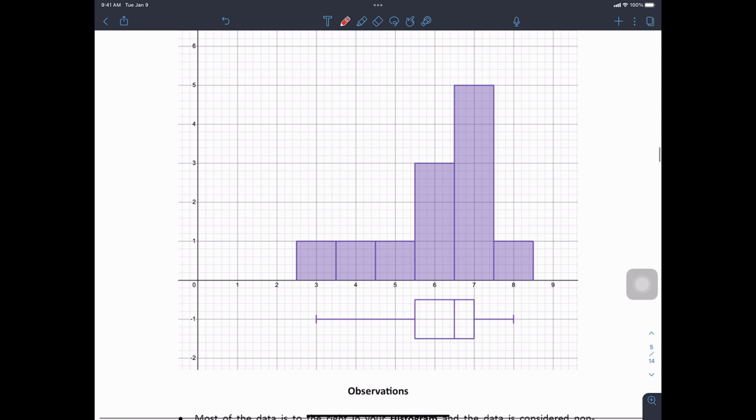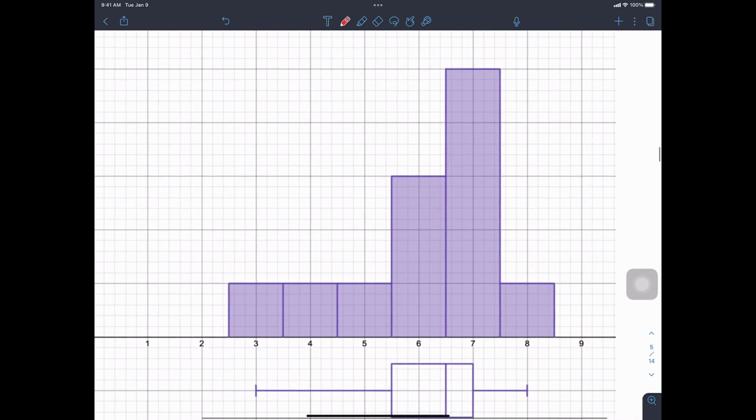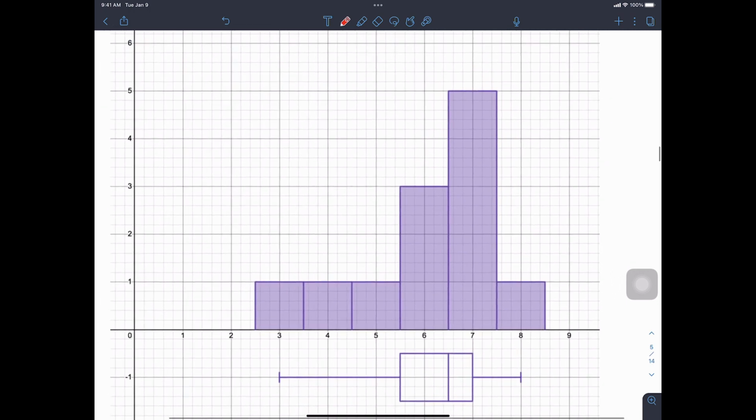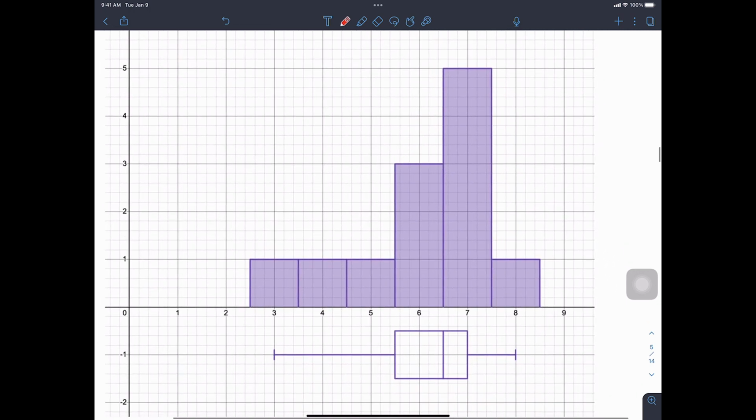Now, remember when we talked about histograms? What do we say this picture looked like to us? We talked about distribution in histograms. You guys remember? What do we say about that? Yeah, but what else? Where's most of your data? Most of the data is on the right.